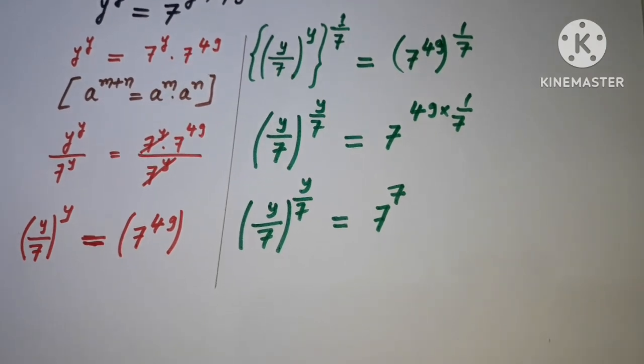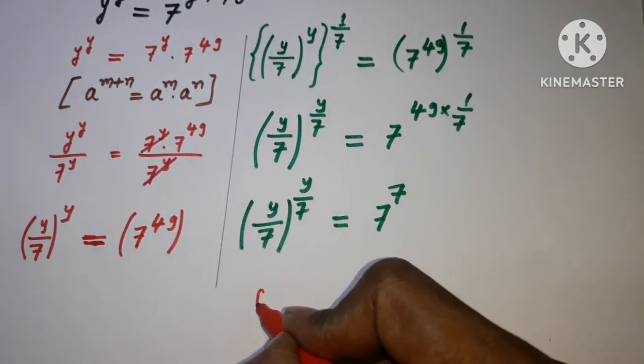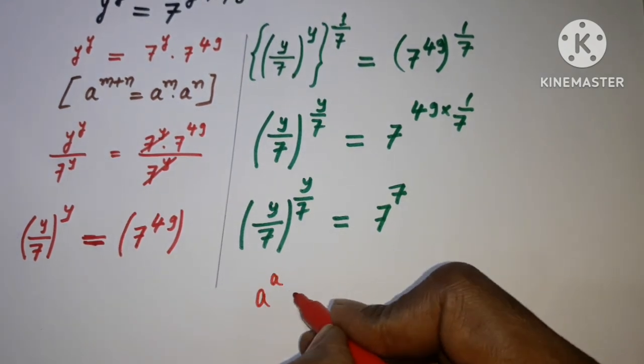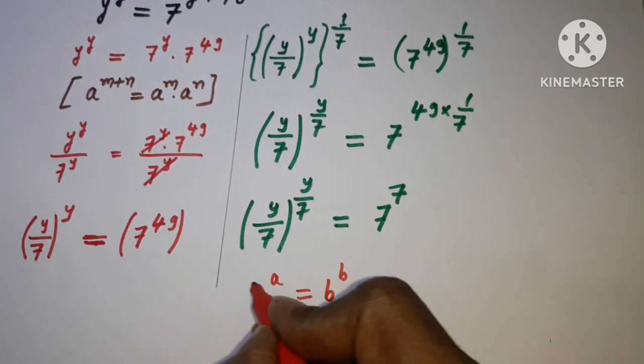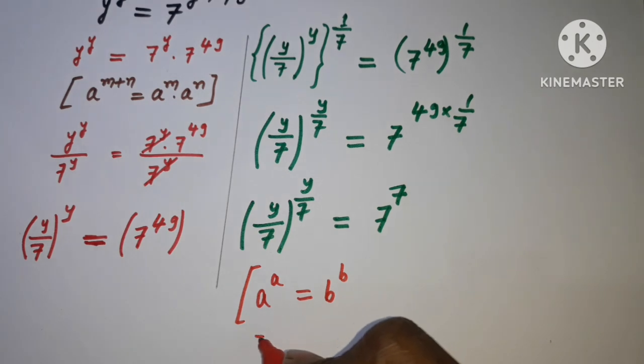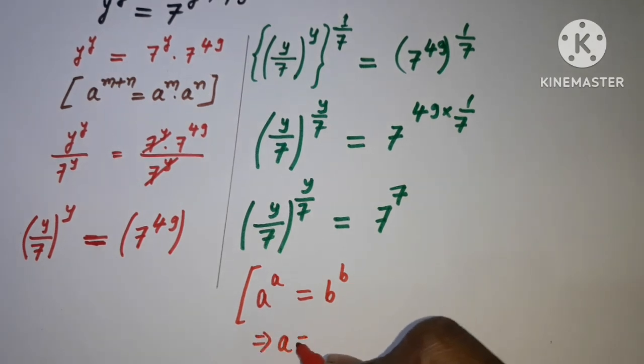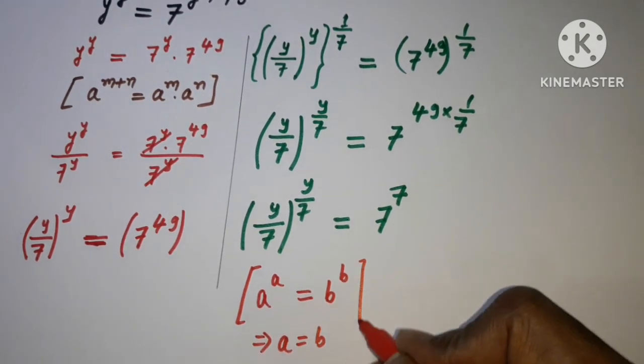And we can say that if the powers are the same as the bases, suppose the base is a and the power is also a, and the base is b and the power is also b, therefore we can say that a is equal to b.